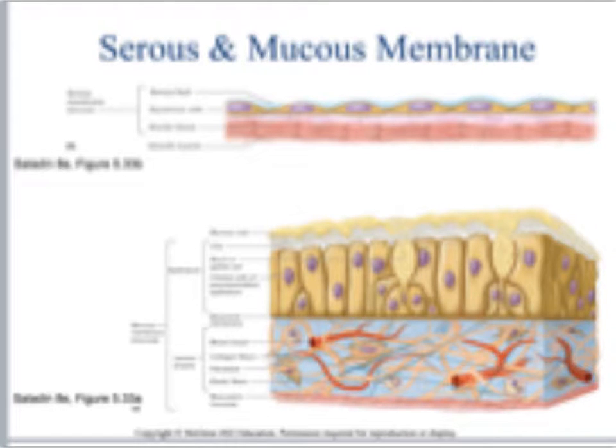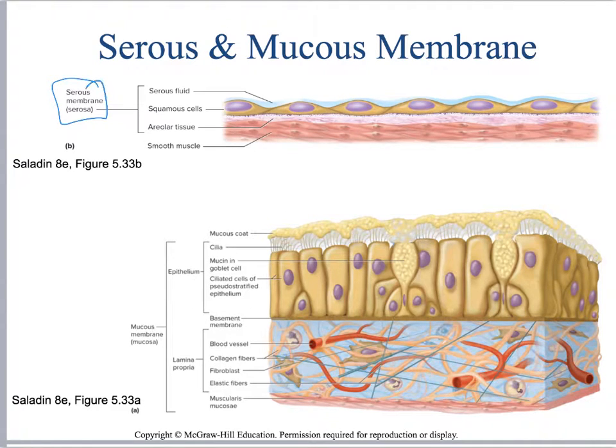All right, this slide is showing you the histology of the two different parts. So up here is my serosa, down here is my mucosa. Serous membranes tend to be thin. All right, I've got my epithelial layer here. I have my connective tissue layer there, so irregular connective tissue proper, simple squamous epithelium, and then I have a layer of smooth muscle.